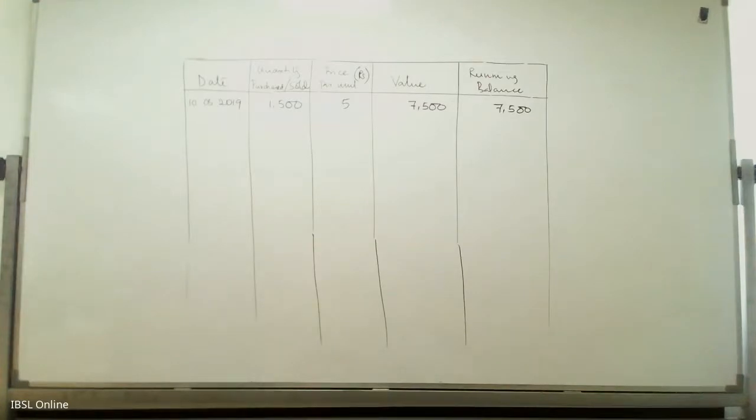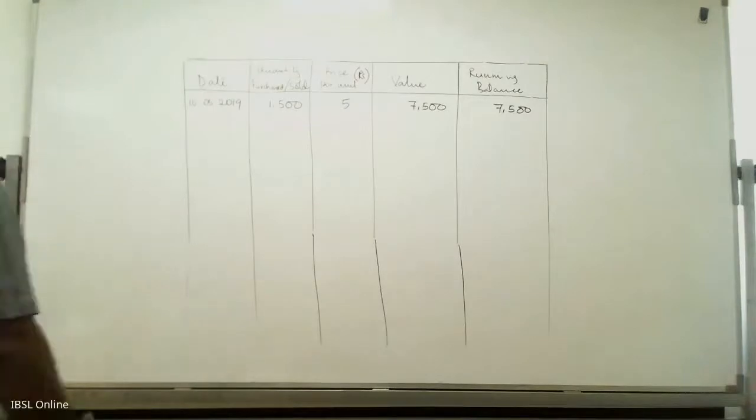Now you have to go through the list and find the next date of transaction. After 10th May, there had been a purchase of 1,750 units on 18th June. But before that, on 11th June, there had been an issue of 1,200 units, which means they have sold 1,200 units.